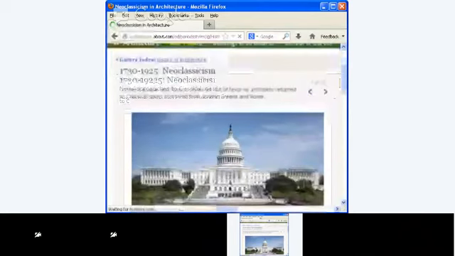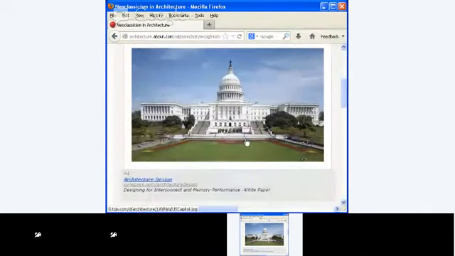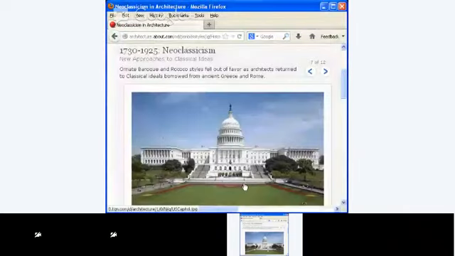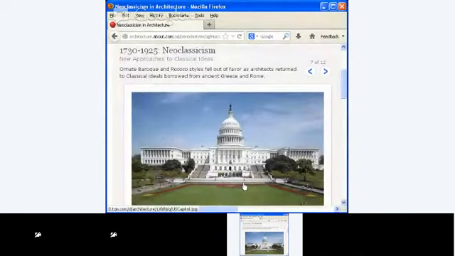All right, so as I said, I think I mentioned some buildings in Washington were kind of classic design. Because of the time, they call it Neo-Classic, New Classic, but it's really the same type of thing as Greece and Rome. So here we see, what is this a picture of?